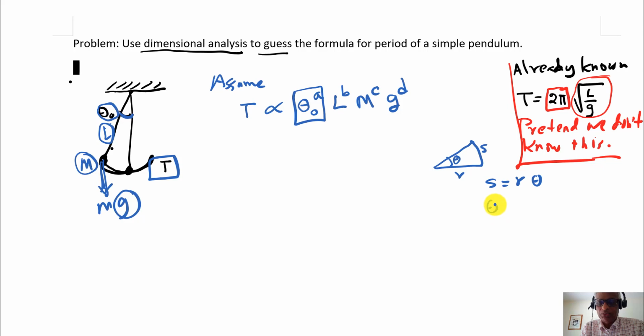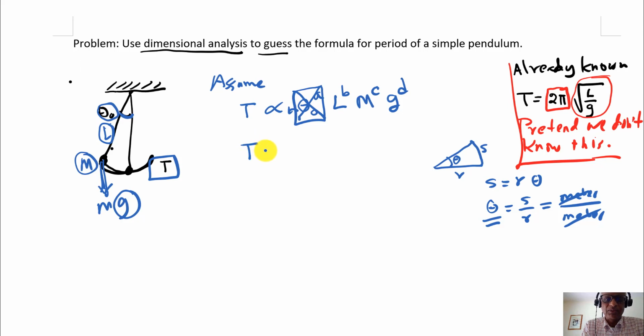So if you solve for theta, you have s over r. This has units of meter, and this one has units of meter. So they cancel out, so it is unitless. So we'll just ignore that and absorb it in a constant.